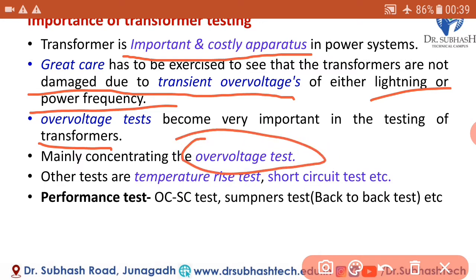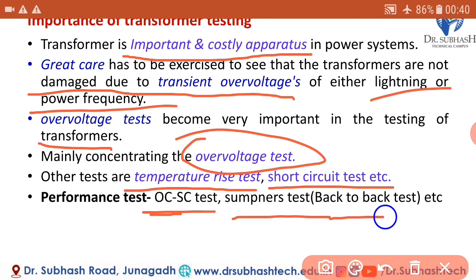Other tests are temperature rise test and short circuit test, etc. Performance tests are open circuit and short circuit test, then Sumpner test, which means back to back test, etc. So these tests are known as performance tests.